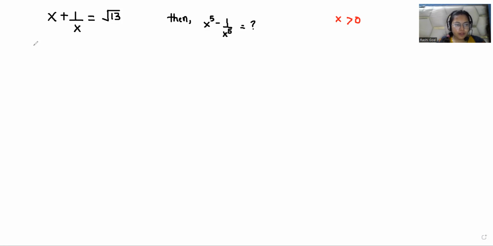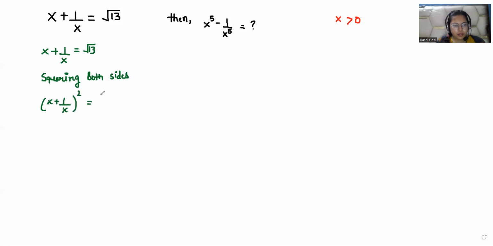So in step 1, I am taking this x plus 1 over x is equal to root 13 and squaring both sides. The left hand side looks like x plus 1 over x whole square is equal to root 13 whole square.